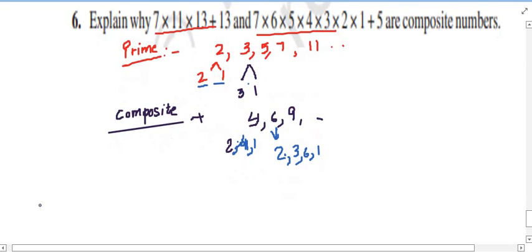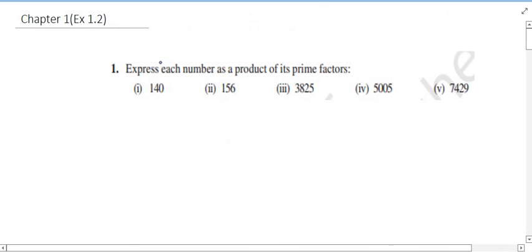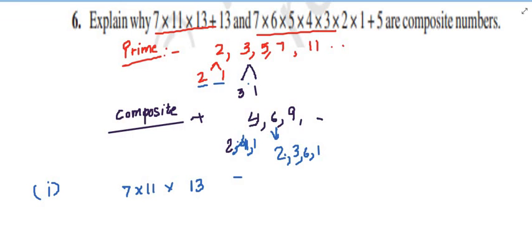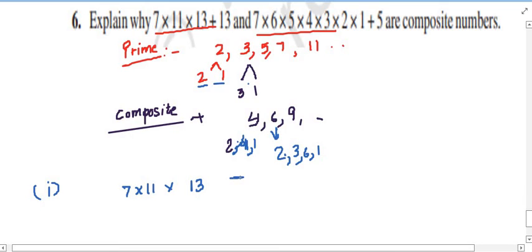Now we will do this question. In the first part, the given number is 7 times 11 times 13 plus 13.